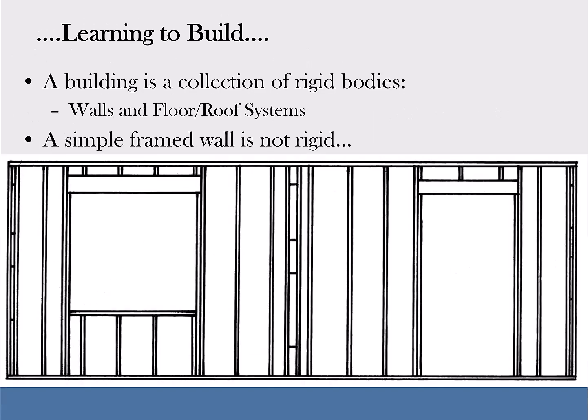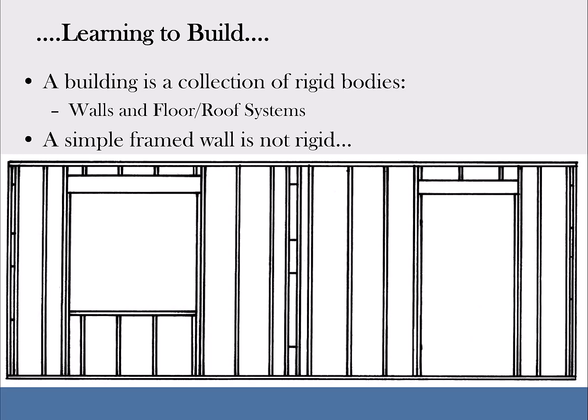Okay, so let's look at this framed wall. We're looking at a 2x4 framed wall that you might frame up to make a house wall. You've got a window and a door. Here we're showing a bottom plate and a top plate, and typically you have another top plate on top of that.